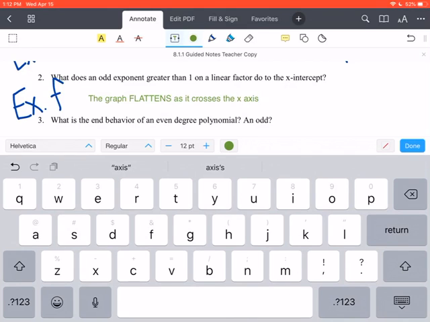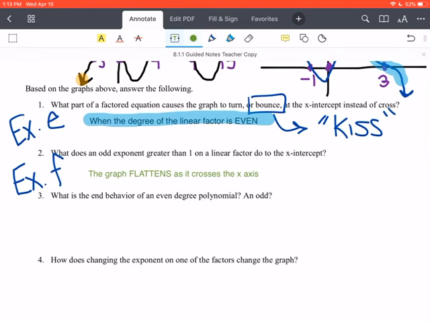So it still is going to cross if it's odd, but it's going to flatten as it crosses. So there is going to be some change in shape. That is key. Now, when is this going to happen? This is going to happen when we have exponents of 3, 5, 7, and so on on a given factor.